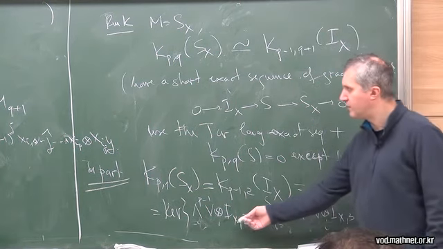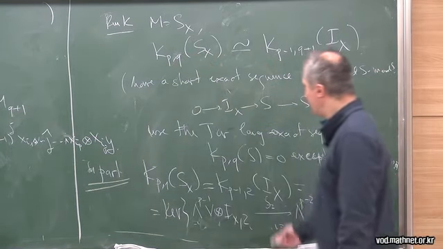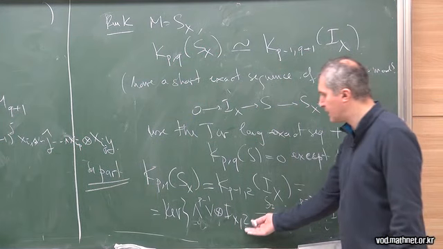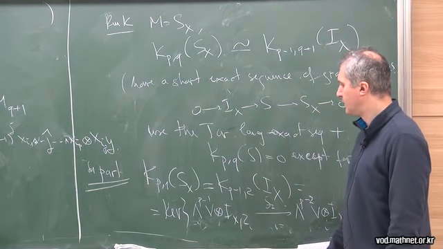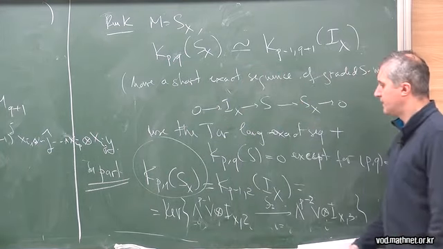So we just plug in the Koszul differential, and we have the kernel.